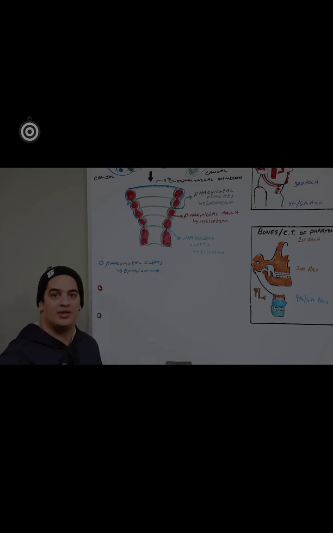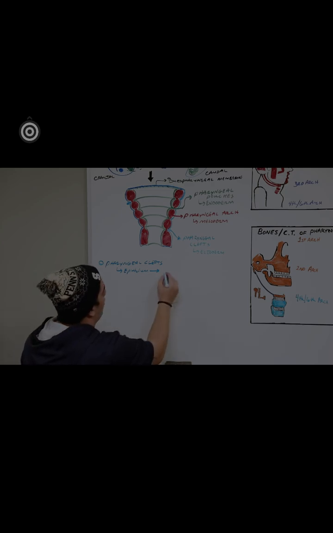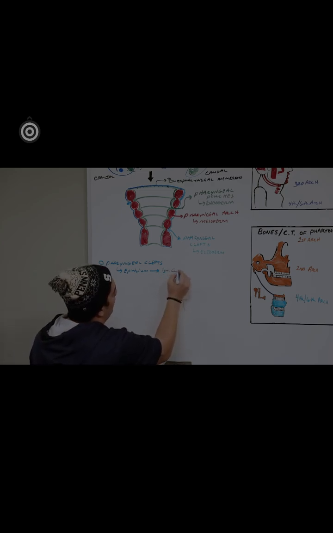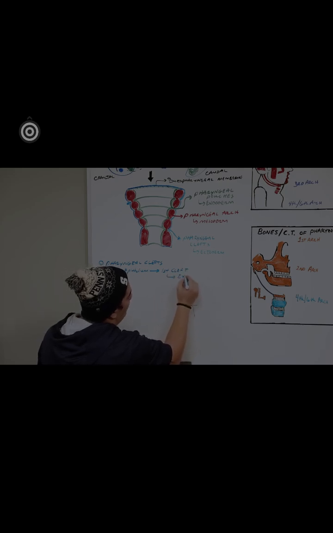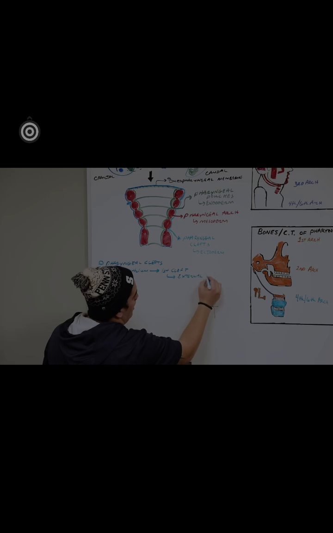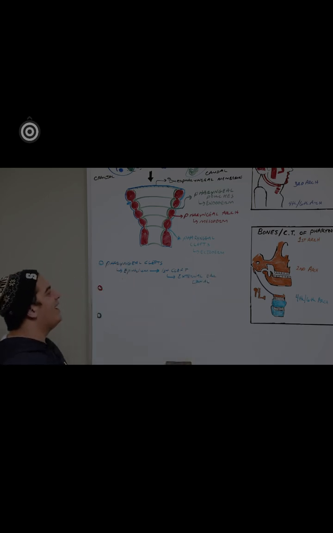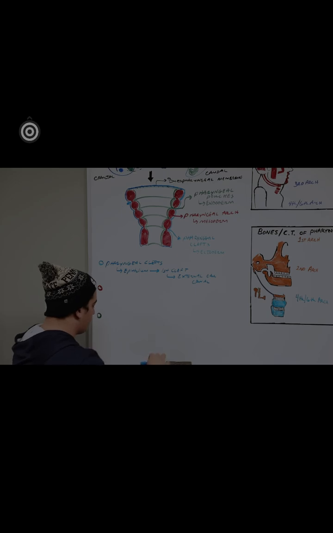The first one covers the actual lining of the external ear canal. So if you want to remember it, the first cleft gives way to the lining of the external ear canal. That's all I want you to know about the pharyngeal cleft. Other than that, nothing really specific to it.